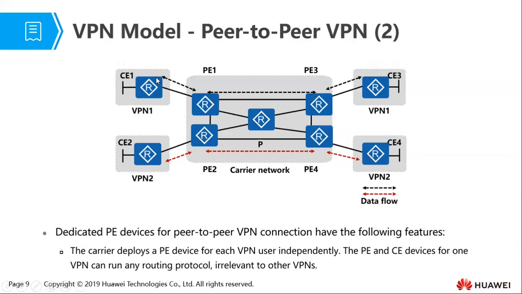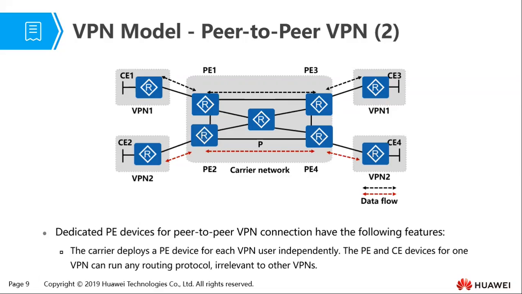But when you're using a dedicated PE device, you do not need to configure that because you're using different routers. So you don't need to configure filtering of traffic, and therefore the configuration of using a dedicated PE device is quite simple, and also the management is simple.